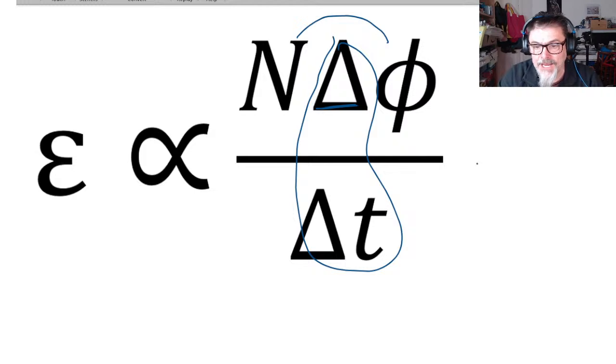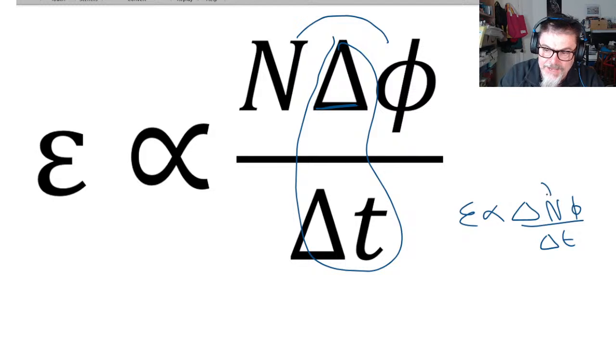Now that's okay, because this can be written as EMF is proportional to delta n phi. Now the thing is, from a mathematical perspective, because n, the number of turns, is a constant, we can just as well write it out the front. So don't get put off by that. What we're seeing here is the rate of change of n phi, which is flux linkage.